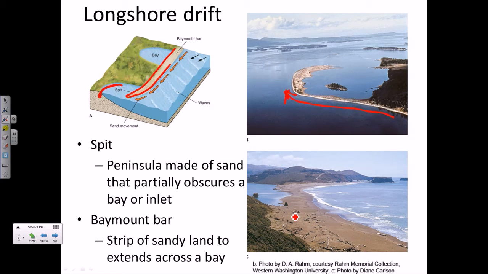The other thing that can happen is if you have enough sediment, the sediment zone will cover up the whole bay, and that's called a bay mouth bar, and it creates a little estuary back there, a little swampy wet zone that classically has different kinds of plants and organisms that are basically protected from the more energetic waves that might be coming into the region, and so you get a change in ecosystem back there.